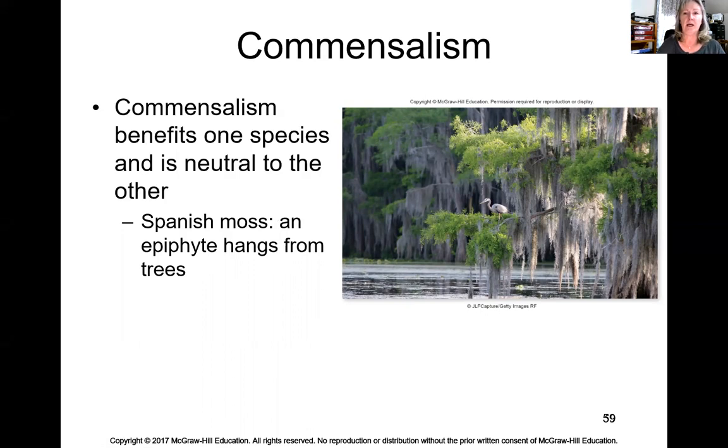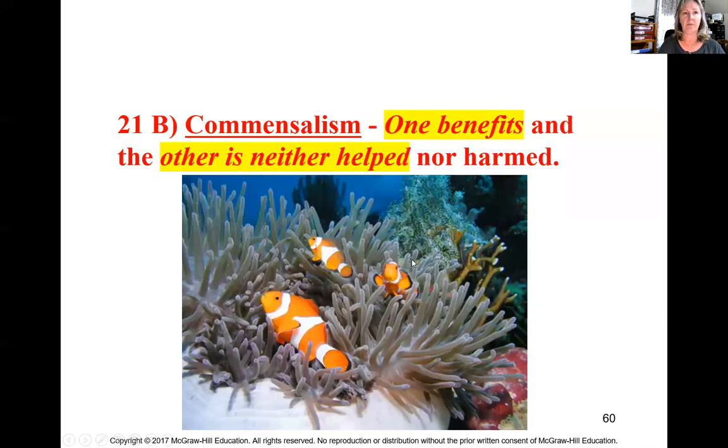So by hanging on the trees, the tree gives it support. The tree isn't hurt by the Spanish moss, but then the Spanish moss does have an advantage because it has that support that it gets from the tree. Another example, a good one of commensalism is the clownfish. So remember Finding Nemo, the clownfish lives in the sea anemone.